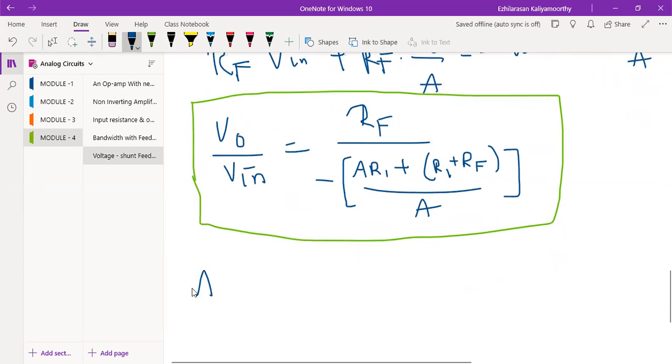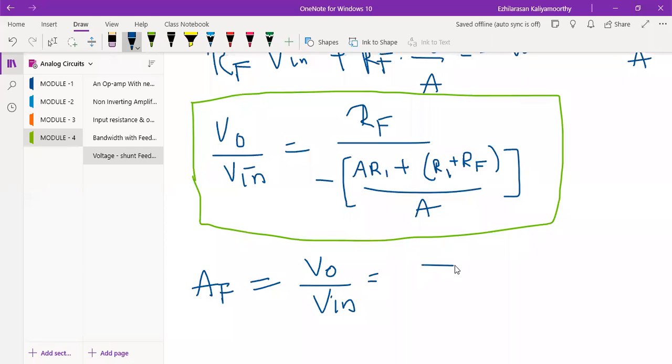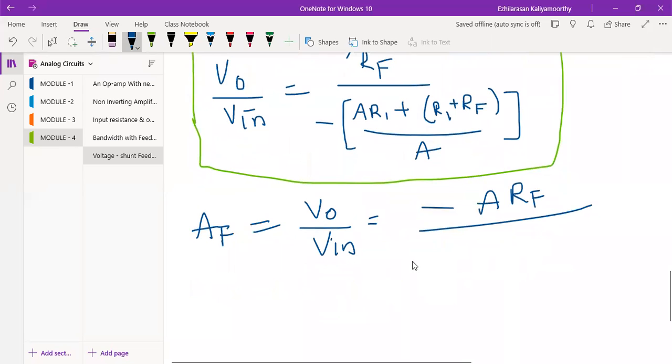Where AF is the feedback gain, V naught by Vin, which is equal to minus, taking this A in the numerator, A into RF divided by R1 plus RF plus AR1.